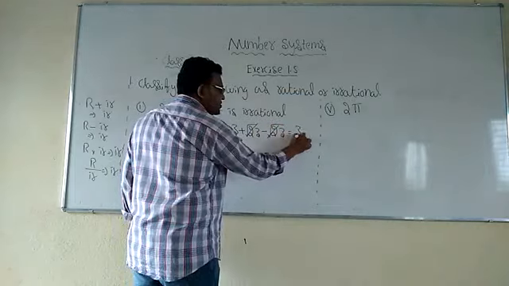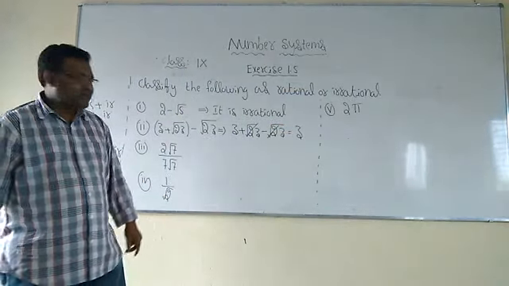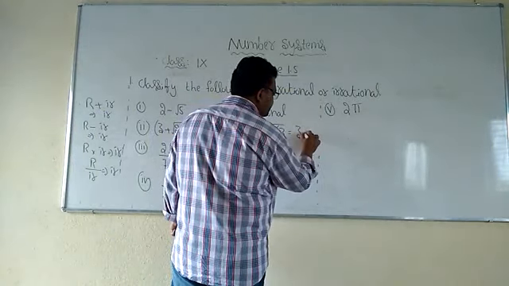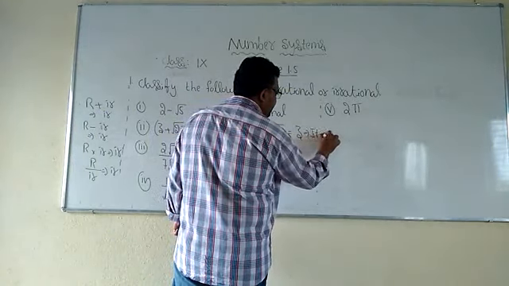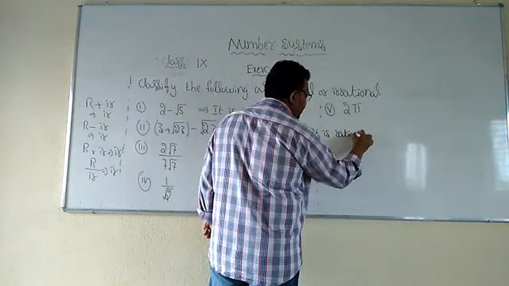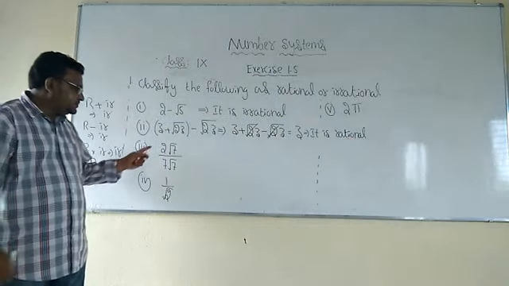That equals 3. 3 is clearly a rational number. So therefore, it is rational. And the next one.